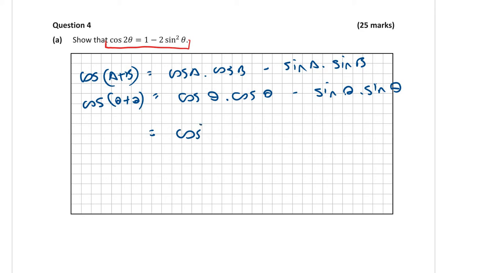That's just cos squared theta minus sine squared theta. And from our basic identities, we know that this is cos 2 theta.